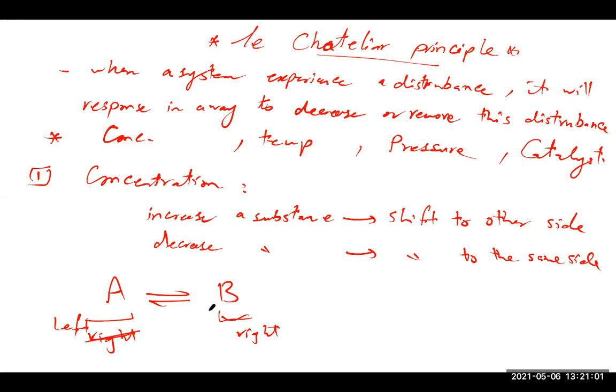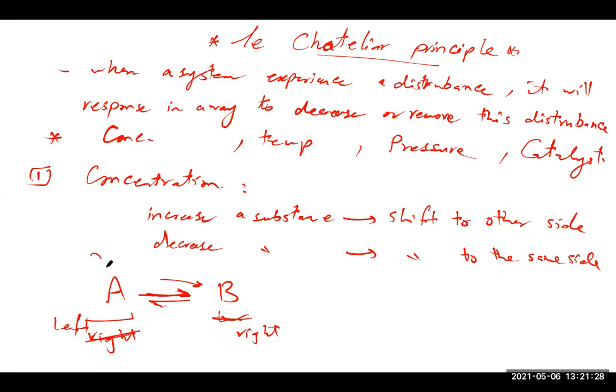To shift to the right or the left means that the rate of the forward or the reverse reaction will increase. If we want to shift to the right, the rate of the forward reaction will increase. And if we want to shift to the left, the rate of the reverse reaction will increase.